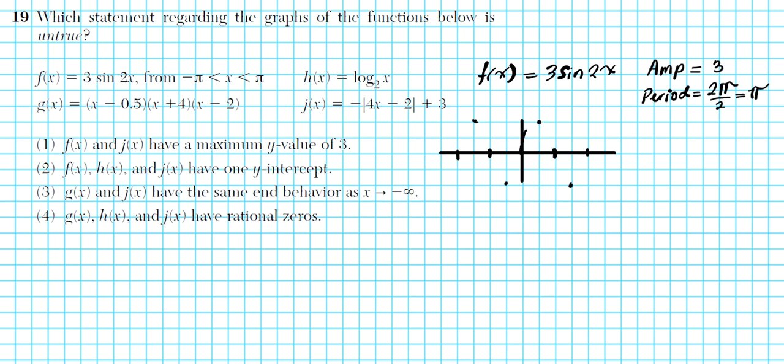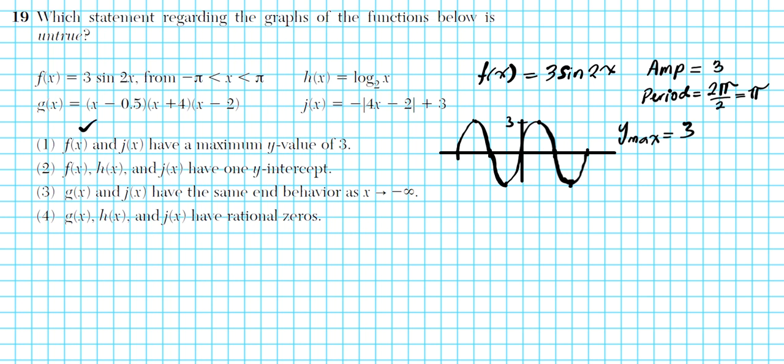It goes up, and then to there. If you draw it in your calculators, this is what it's going to look like, all right? What's the maximum value? The amplitude tells us it's going to be 3. So you can see that the y max is 3. So that's good for f.